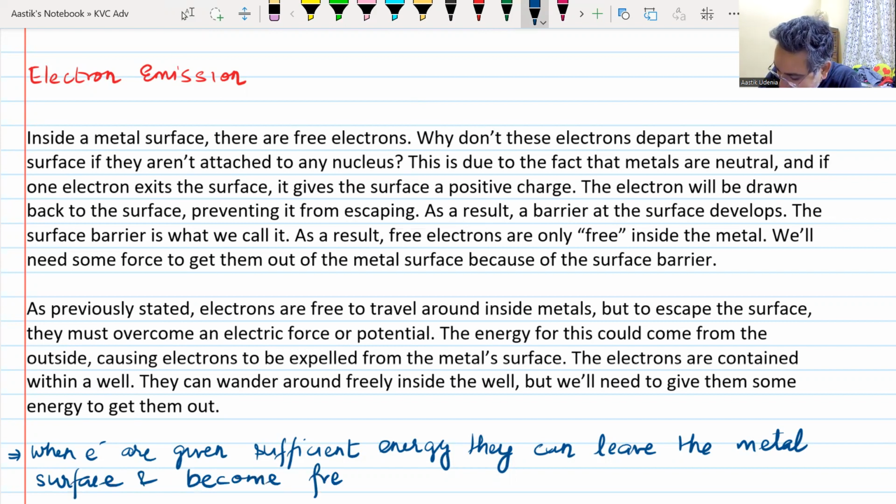This phenomena would be known as the phenomena of electron emission. So electron emission is the phenomena by which electrons get sufficient energy and they are free from the surface of the metal. Do we understand this? Yes, sir.